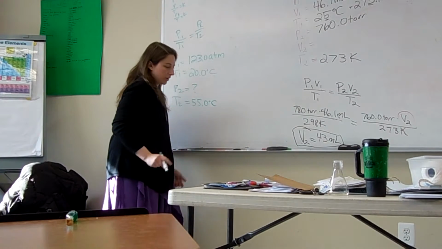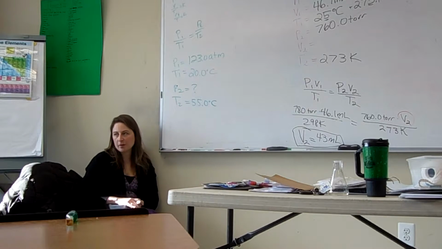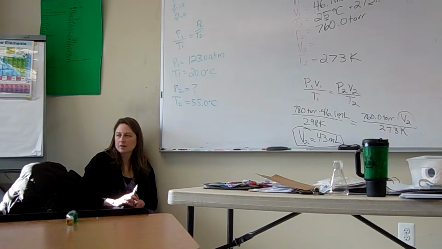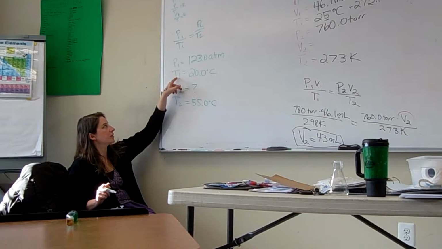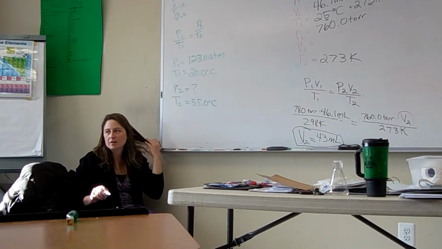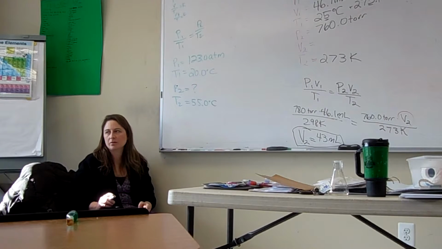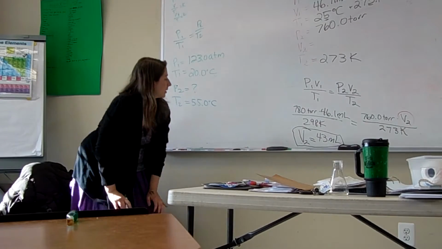So what do we know about gas laws and temperature? What do we always have to do for temperature with gas laws? Change it to Kelvin, because you can never have that 0 in the denominator. And Celsius can have a 0 temperature, as we've all discovered this week.